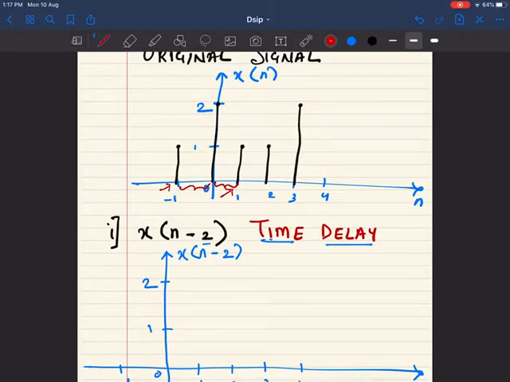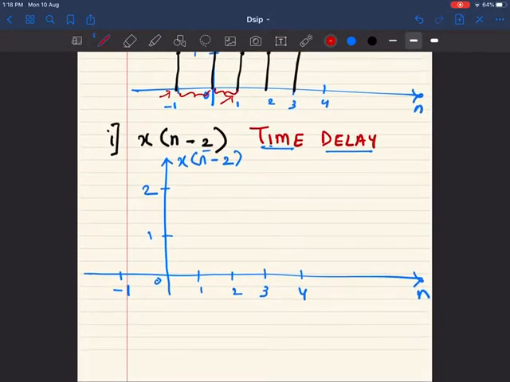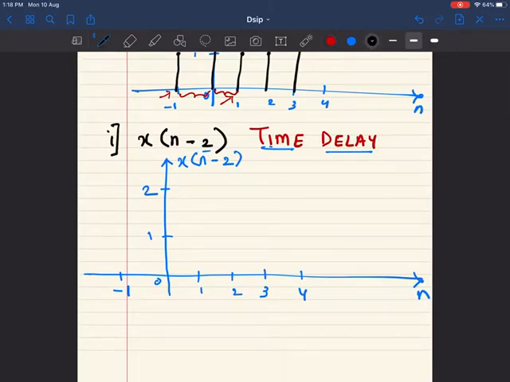The signal is going to remain as it is. This amplitude is going to remain as it is, but it is going to be delayed by 2 units. So the modified signal is going to look something like this. Like I said, now it's not going to start with -1, it's going to start with 1, and the values are going to remain the same.